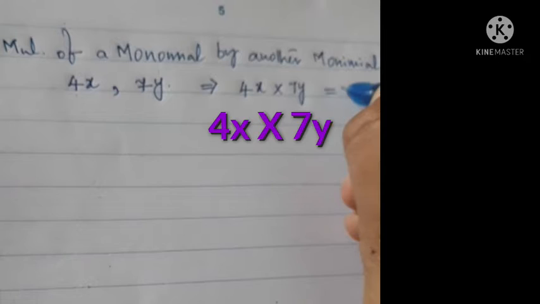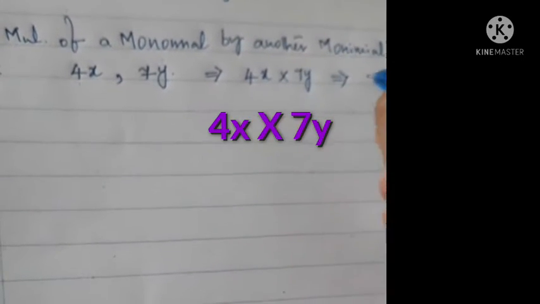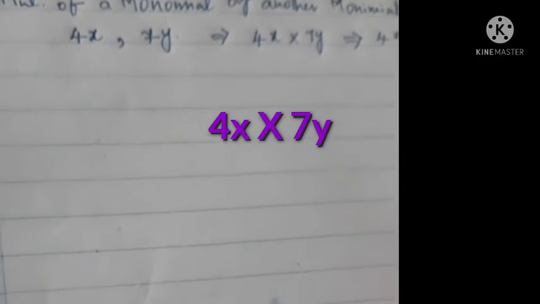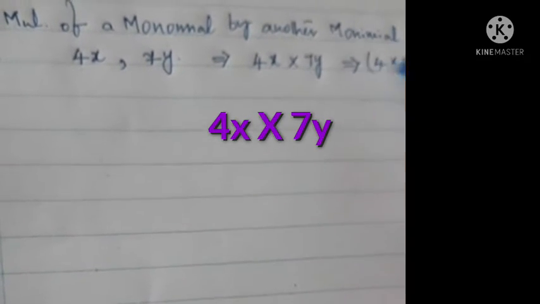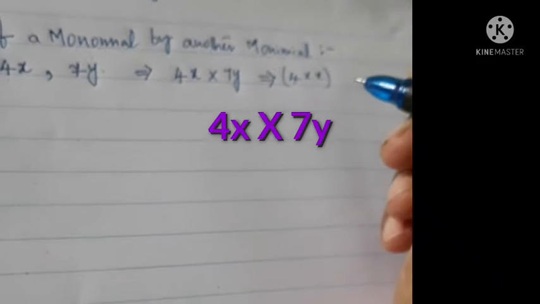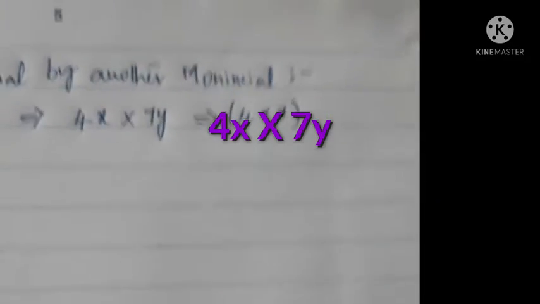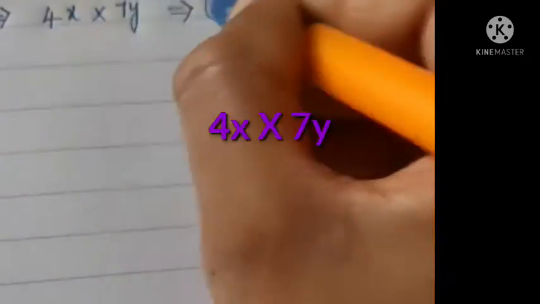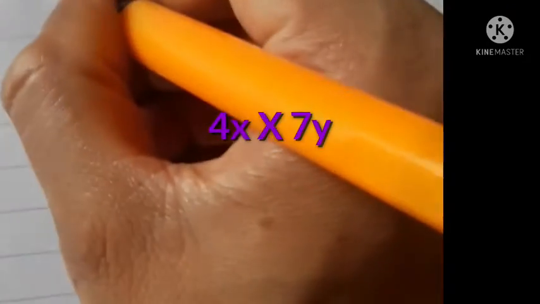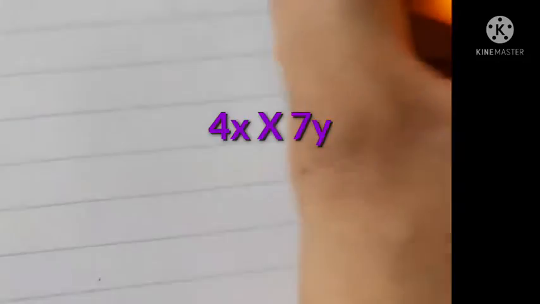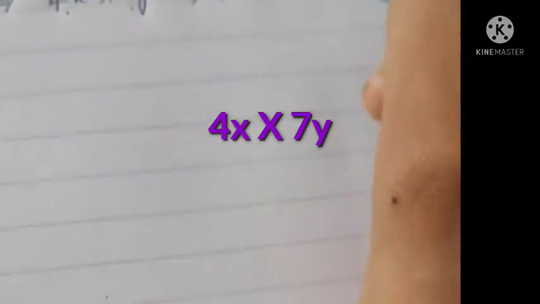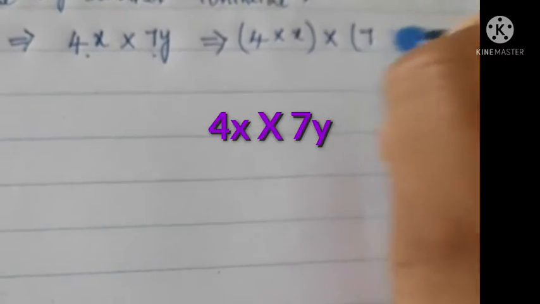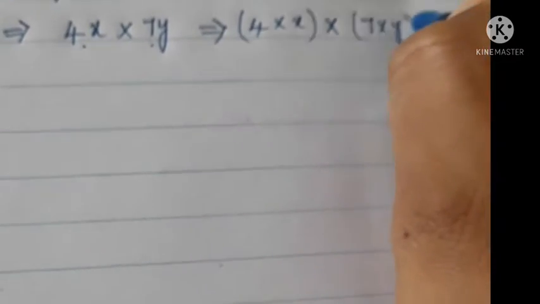As we know, in the first monomial 4x is nothing but 4 multiplied with a variable x. So put it in an open bracket. And in the second one, 7y. In between 4x and 7y we have this multiplication symbol. I am keeping that as it is. So 7y can also be written as 7 times y, isn't it?